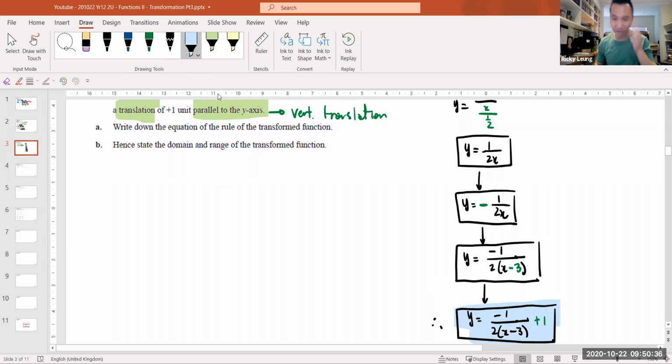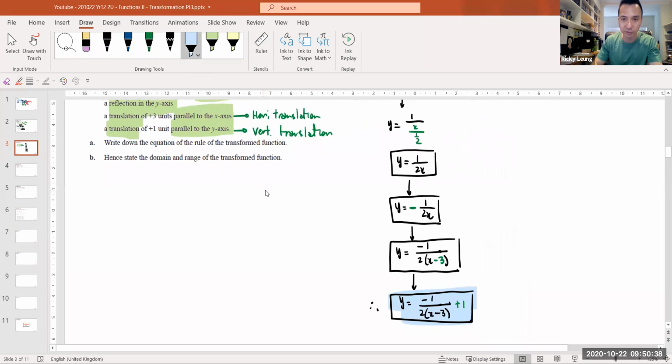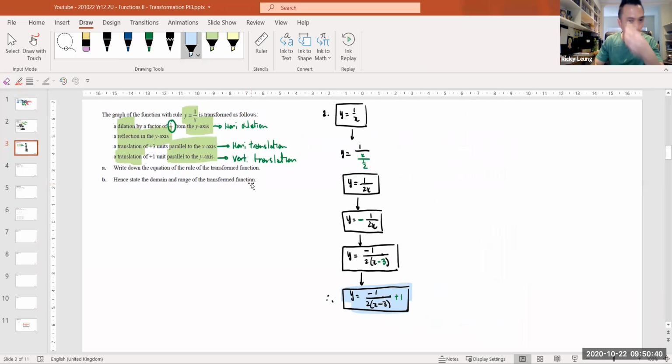So once again, the mathematics behind that is pretty straightforward. It's more the English. It's more, what are these translations parallel from, how are they different? Just be very clear. If it's a move parallel to an axis, if the axis was the y-axis, the translation will be vertical. Yep, the dilation will be vertical.